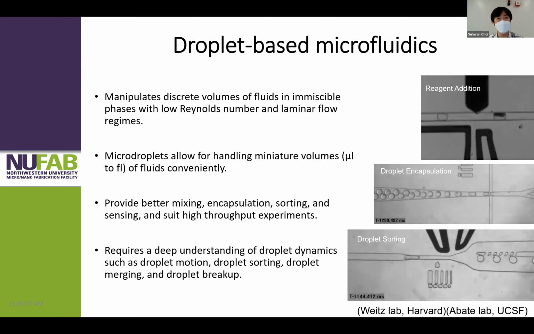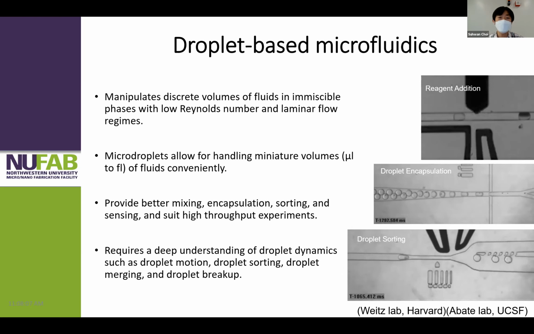That's a huge advantage. If we had turbulent flow, there would be lots of eddy motions that would disrupt the laminar flow, so we could not do things like reagent addition, droplet encapsulation, and droplet sorting.